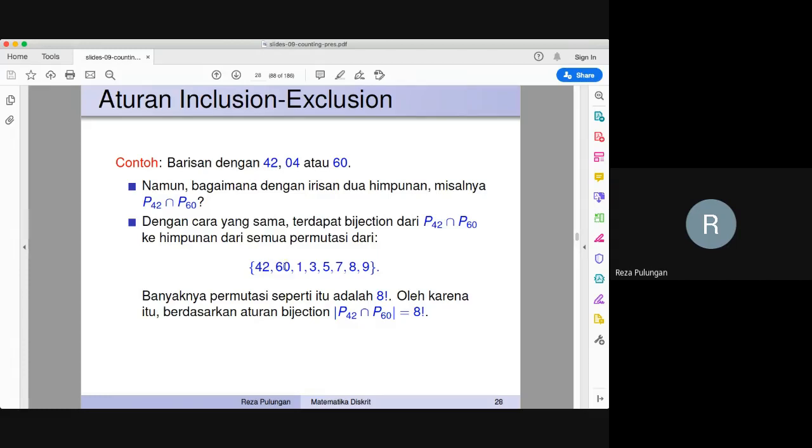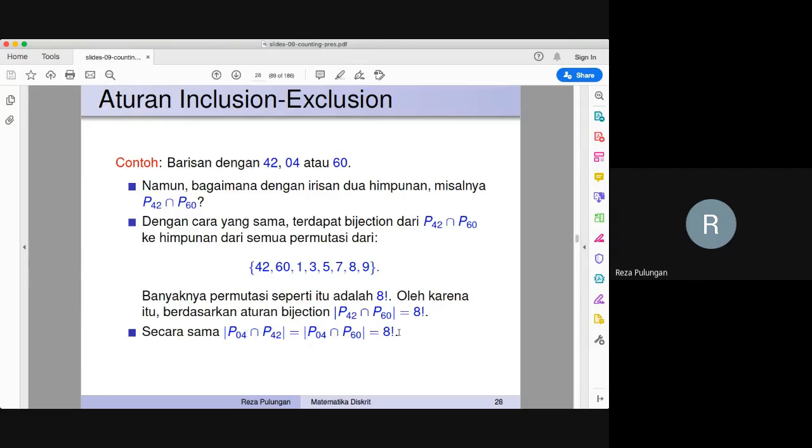So how many permutations are there in this intersection? This is just equal to 4 2, 6 0, 1, 3, 5, 7, 8, and 9. How many symbols are there left? There are only 8. So the number of possible permutations is just 8 factorial. The same reasoning also applies to the other two.